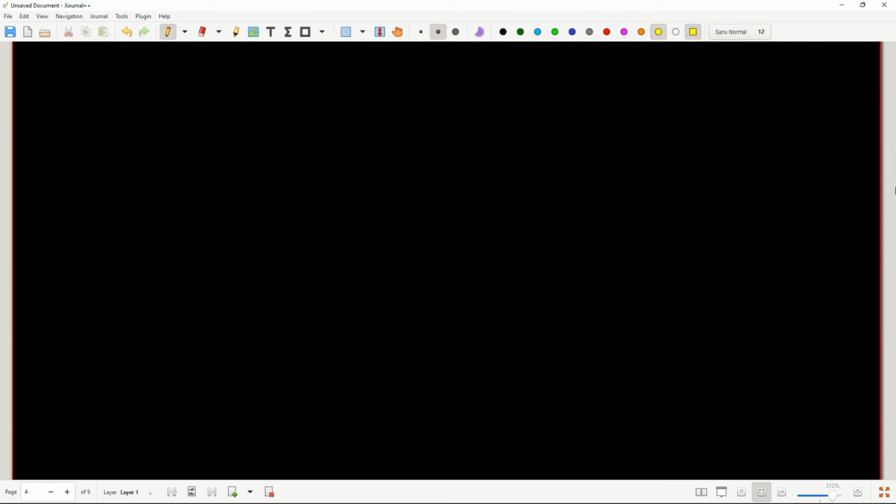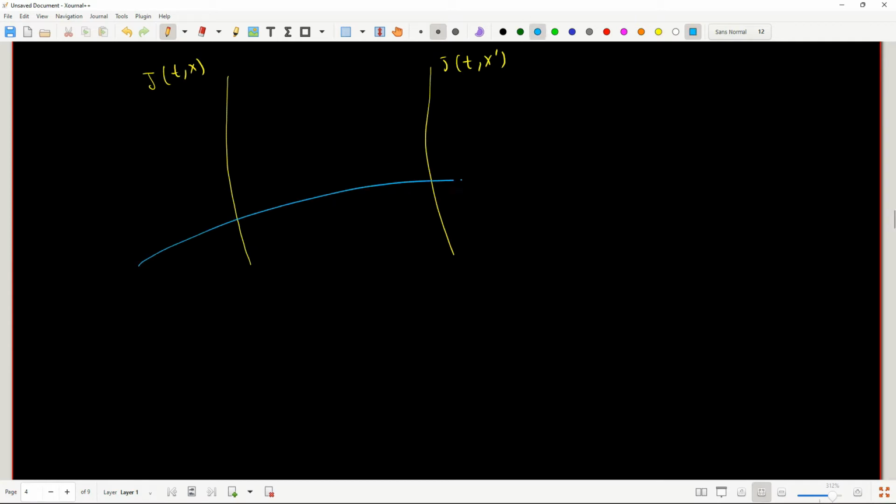So the flow generated by y, let's call this tau of tx, and this is tau of tx prime, and since we want to compare two tangent vectors, but we want to compare them along the direction of x, we'll need to draw the flow generated by vector field x, which is the blue line, and let's say this is the point x, this is the point x prime, and the tangent vectors along this flow, let's say this is one, and we are calling it y of x.